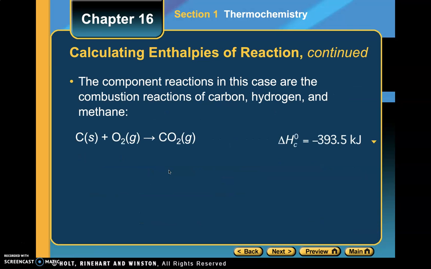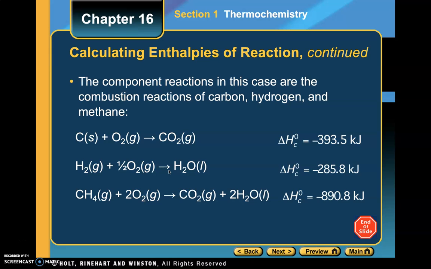So look, a table in the back of your book would give you the component parts here, right? Here we can find the delta H C naught, the change in enthalpy for combustion for carbon burning in oxygen, hydrogen burning in oxygen, and methane burning in oxygen. And it gives us these values over here for the delta H for each of those.